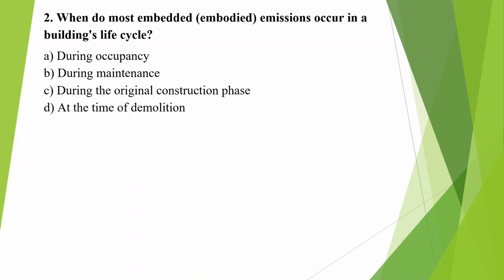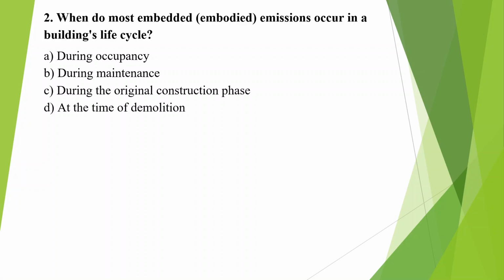He's talking about embodied emissions: when do most embodied emissions occur in the building life cycle? Occupancy and maintenance are very few. How many of you answered it correctly?